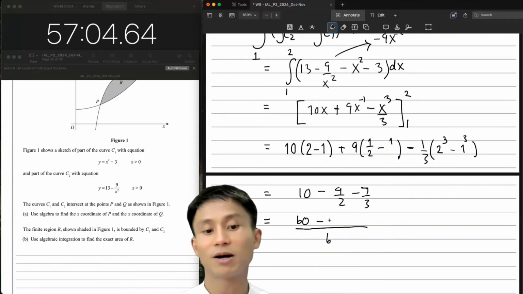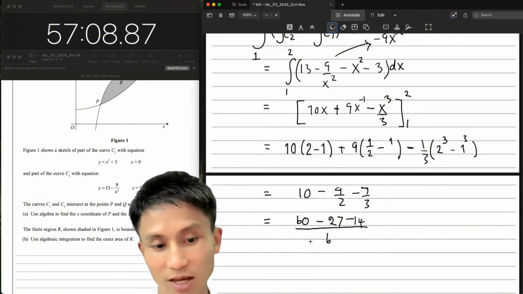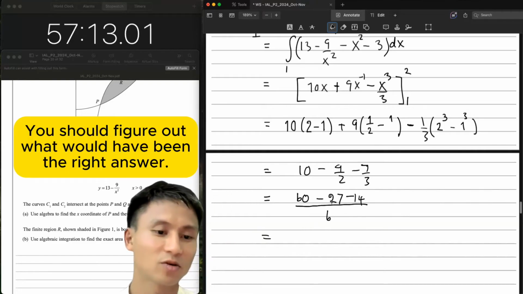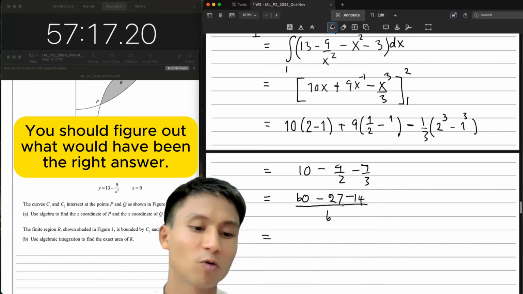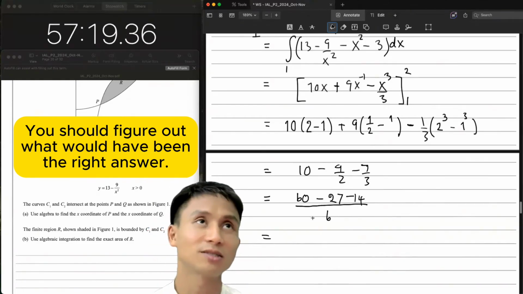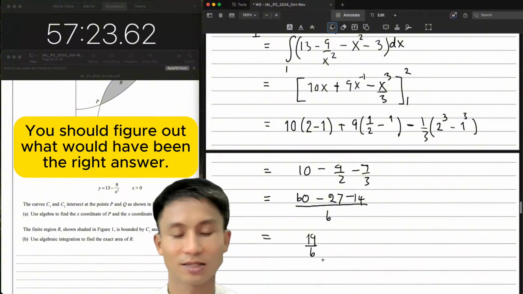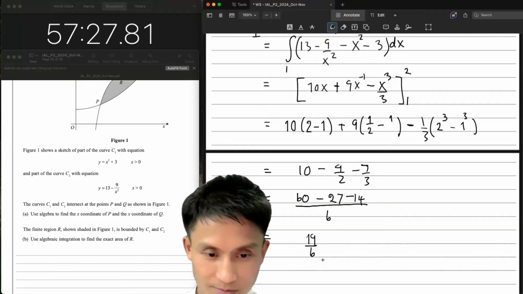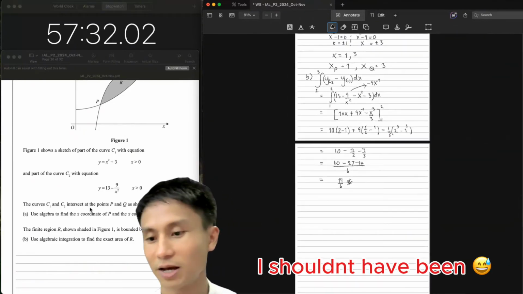The second will be multiplied by 3, I get 27. That will be multiplied by 2, I get 14 there. So I'm doing the fractions here. 27 and 14 added together, we get 41. And subtracting that from 60, we get 19 over 6. Just checking. Yep, I'm happy with that. So this is the exact area of that.